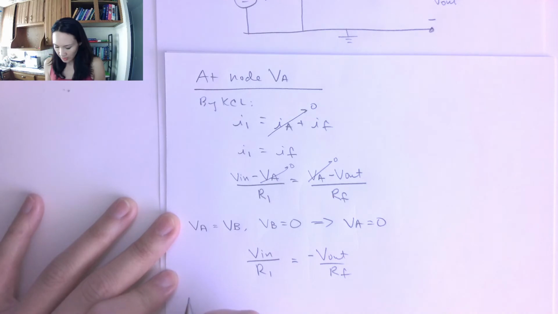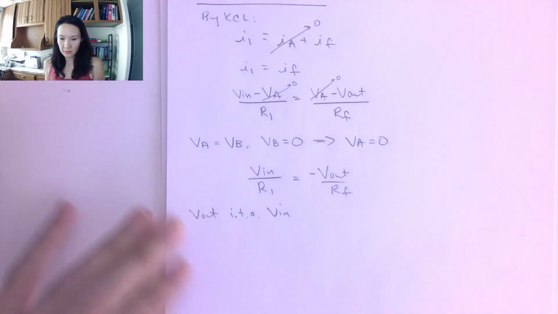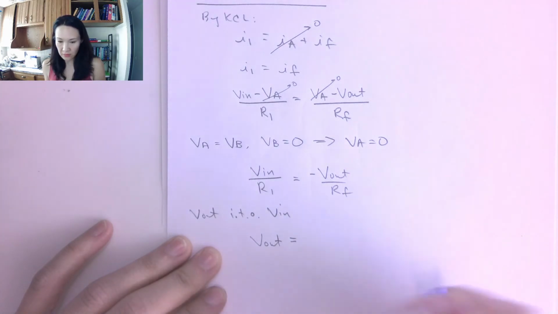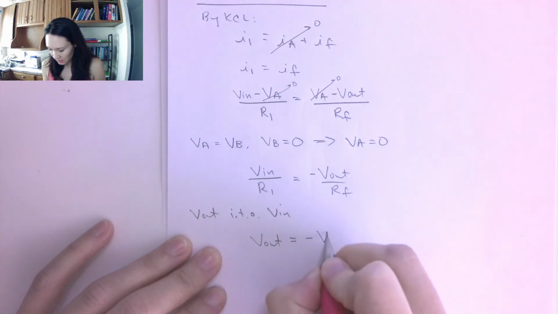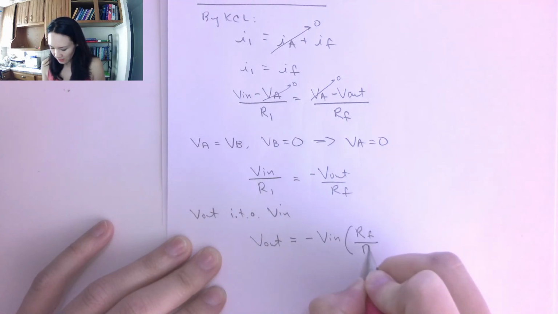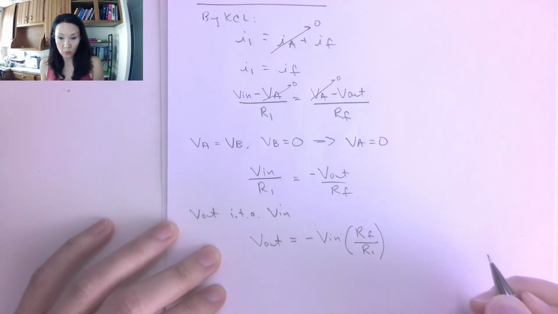Now I want to write an equation for V out in terms of V in, and that is going to be, I'm going to have V out on one side and everything else over on the other side: negative V in times the feedback resistor divided by the input resistor R1.